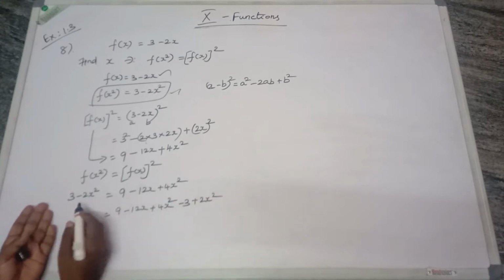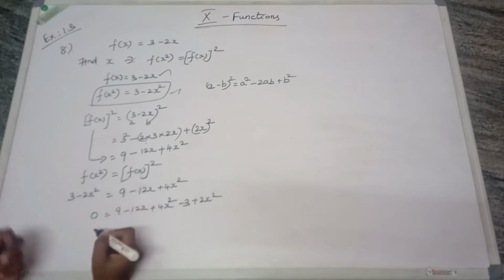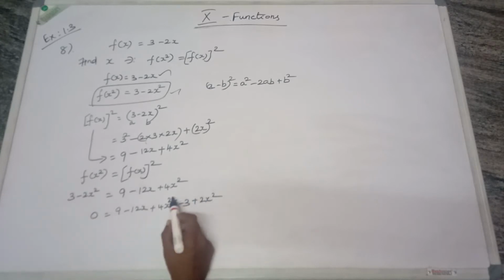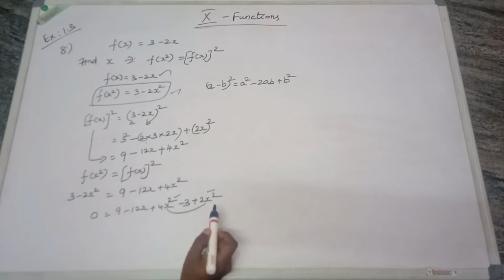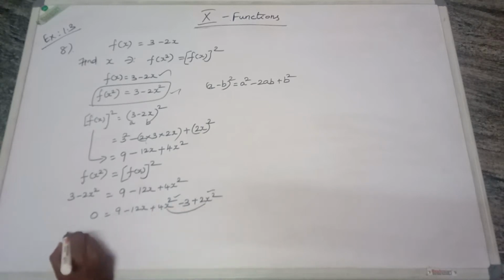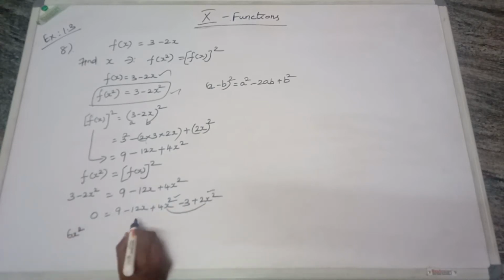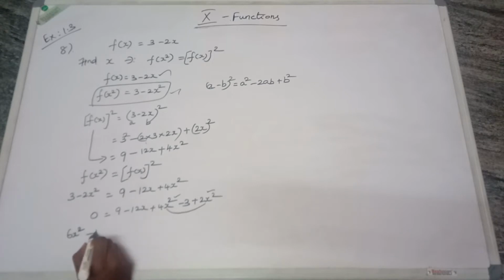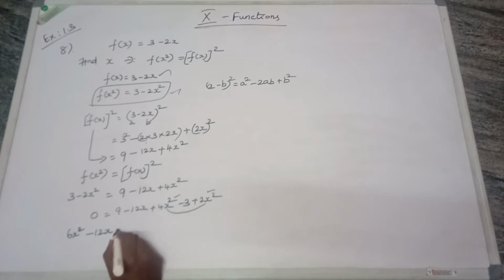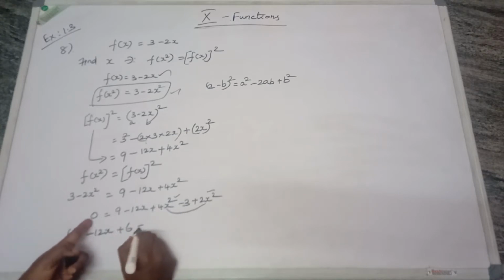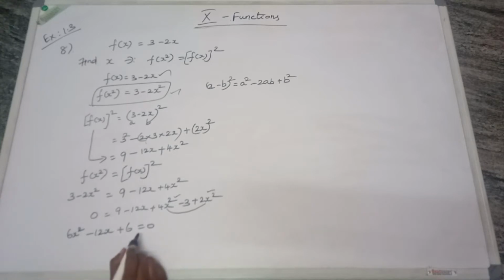Then on the other side there is no term, so we have 0 here. Now 4x square and 2x square, if you add these two, we have 6x square. Then the x term is minus 12x. And the constant term 9 minus 3 is 6, plus 6, equal to 0.